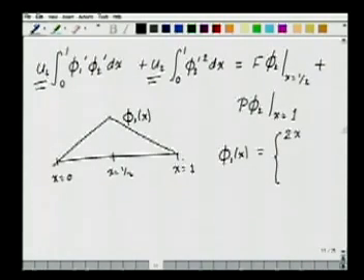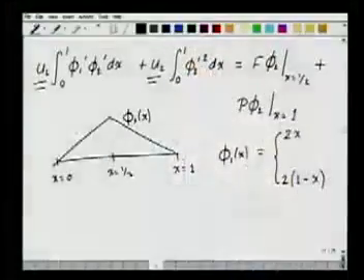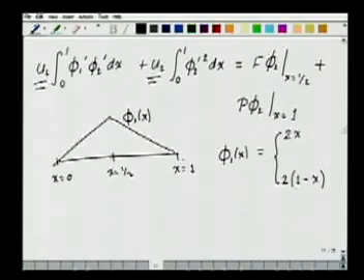So in this region it will be 2 into (1 minus x). Look at it: at x equal to half, this is 2 into half, which is 1, and at x equal to 1, this is 0. So this is linear, this is also linear, so phi 1 is piecewise linear and it is given by this.